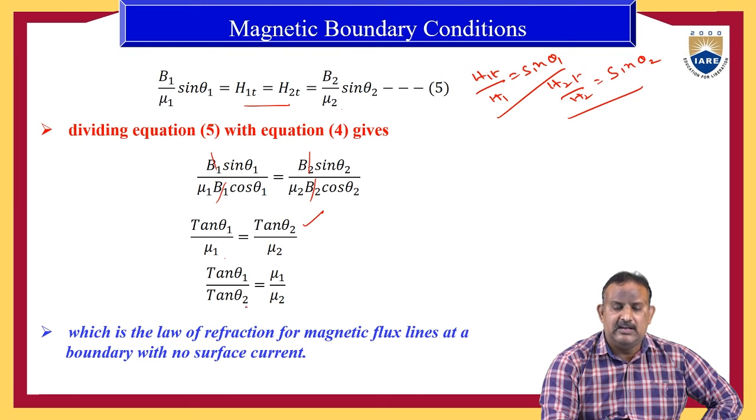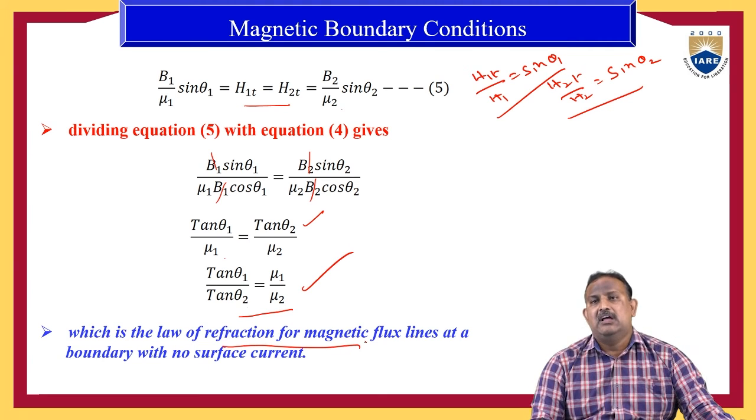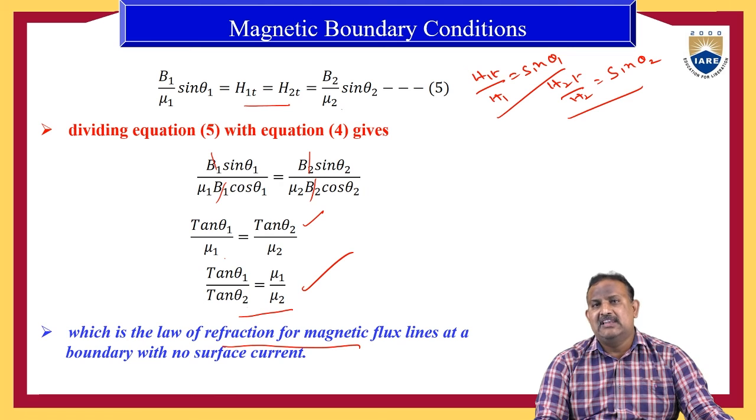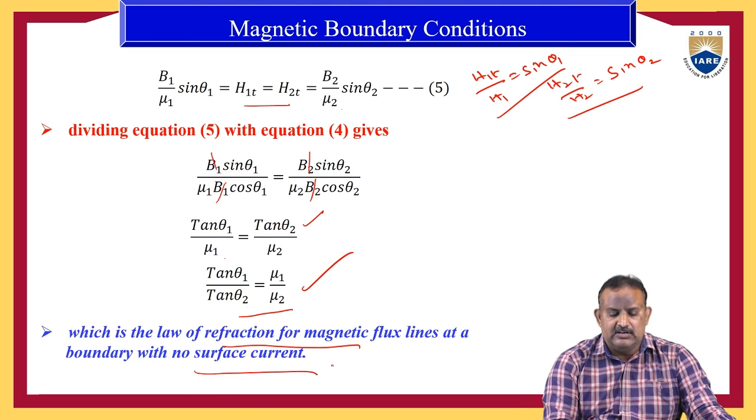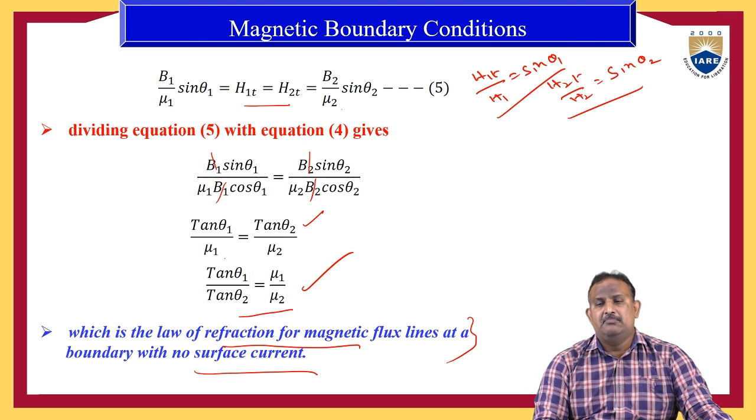So tan theta 1 by tan theta 2 becomes mu1 by mu2, which is known as the law of refraction for magnetic flux lines at the boundary with no surface current. This is known as the law of refraction for magnetic field intensity or magnetic flux lines.